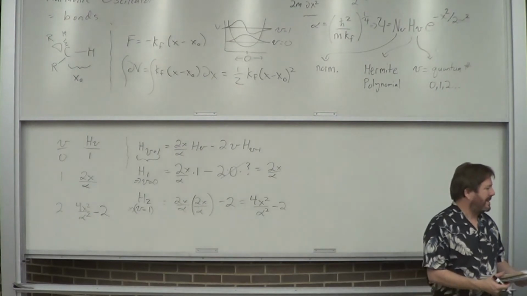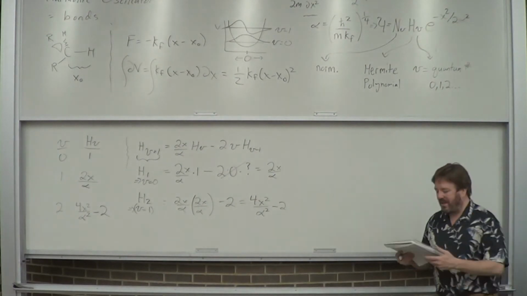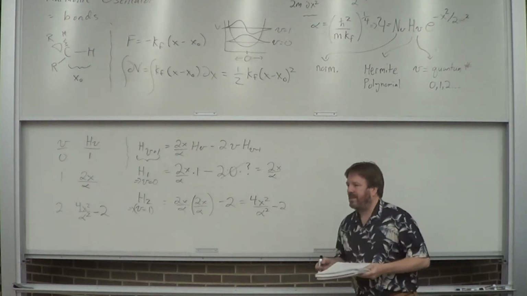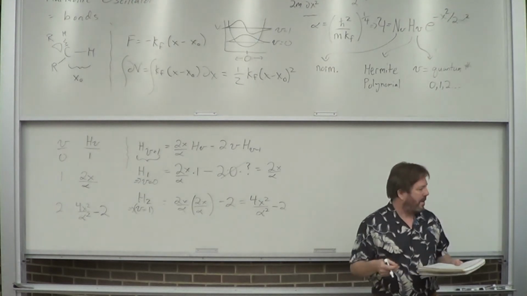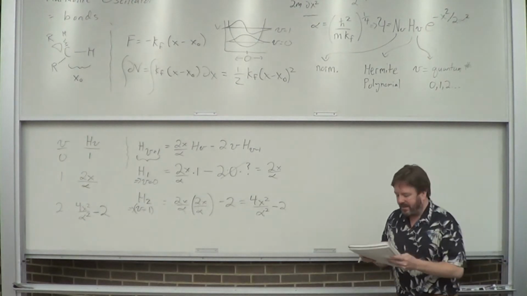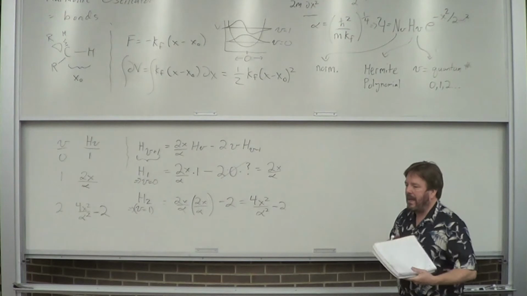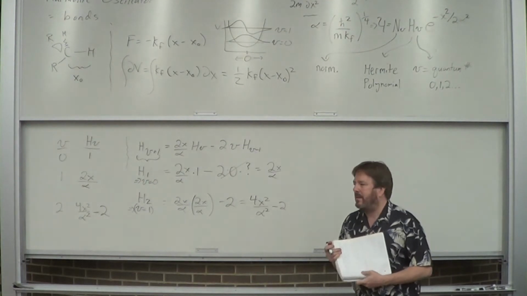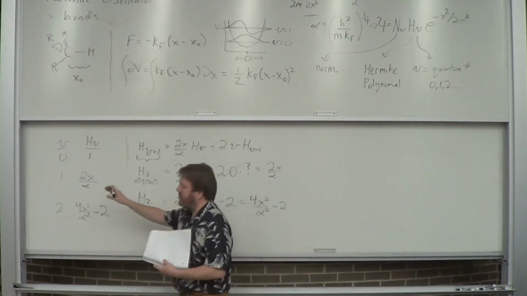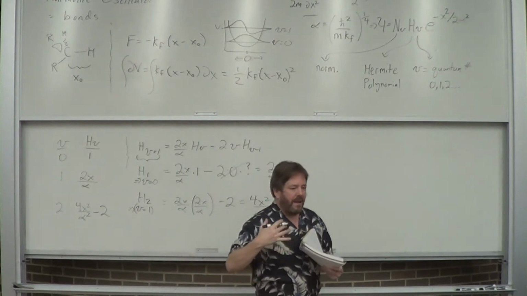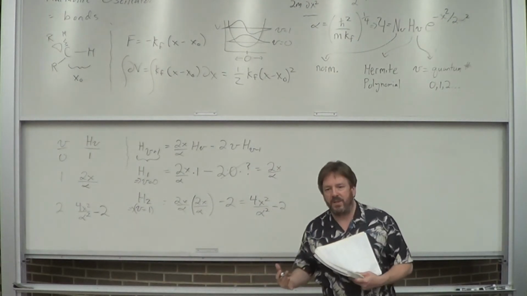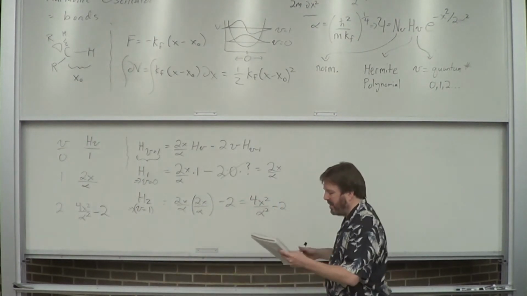Now I know it's a little silly, but I did want you to see how that worked, just because. And let's keep this up here. Let me make sure that you get a feel for how the wave functions look now that we have this information.